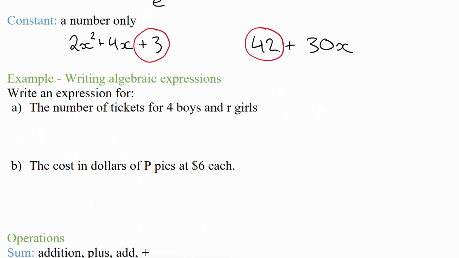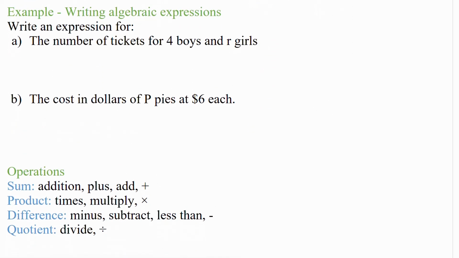Okay. So we're going to look at an example here, and we're going to look at writing the algebraic expression. Sometimes you will be given a sentence, and you need to convert that into an expression. So the sentence we have here is the number of tickets for 4 boys and r girls. So we need to somehow write an expression for this.